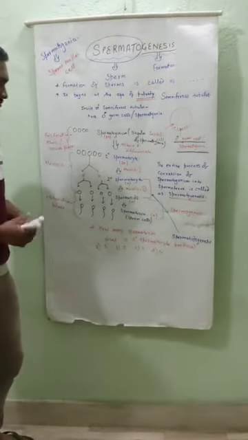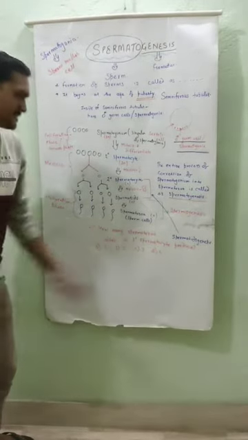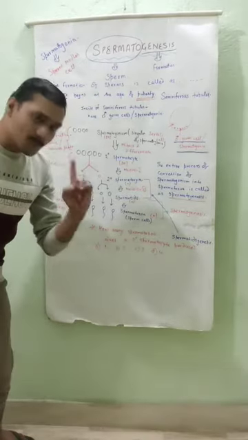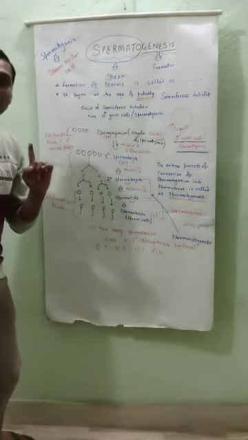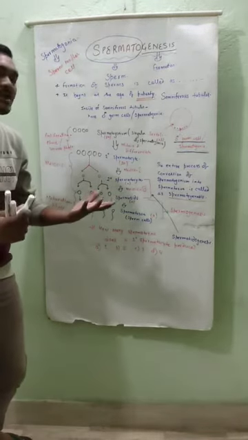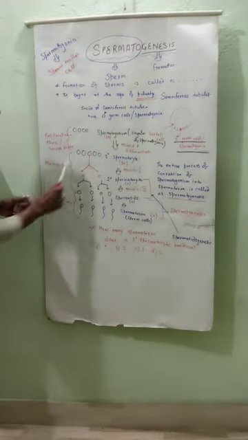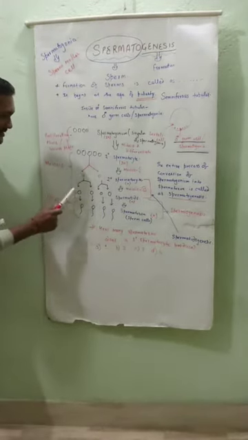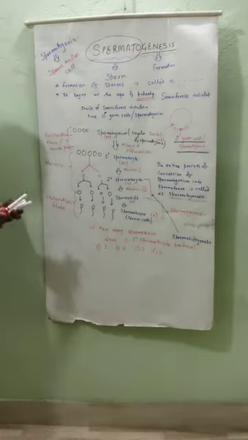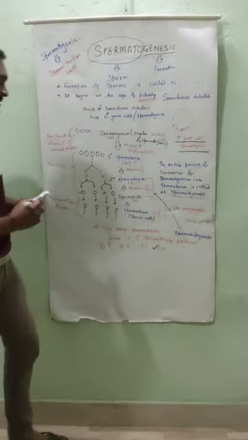What is the question? How many spermatozoa, means sperm cells, are formed by a primary spermatocyte? One primary spermatocyte is leading to the formation of 4 spermatozoa. So the correct answer will be 4.